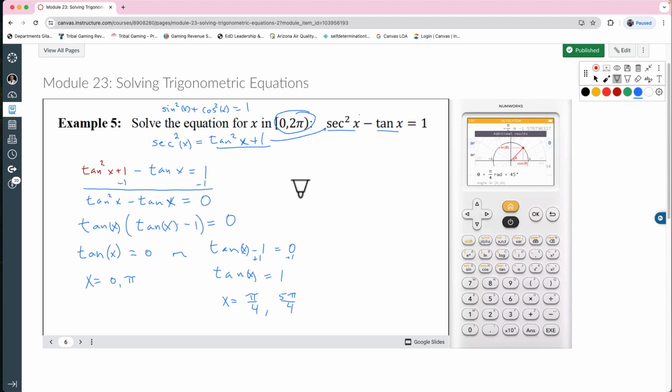And so we can just write the 4 answers to this question: 0, pi over 4, pi, and 5 pi over 4.